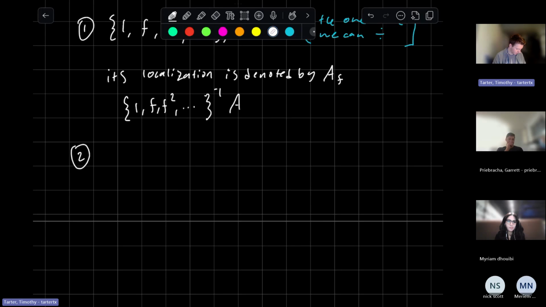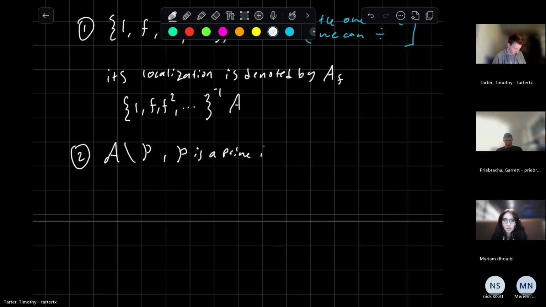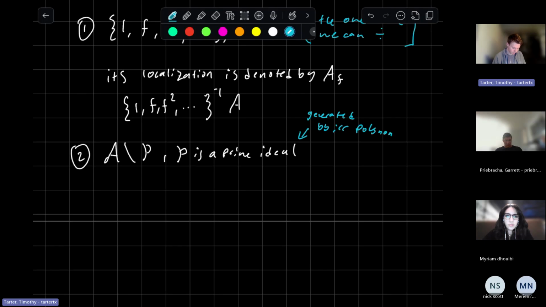The second is A set minus P, where P is a prime ideal, meaning it's generated by irreducible polynomials over A.